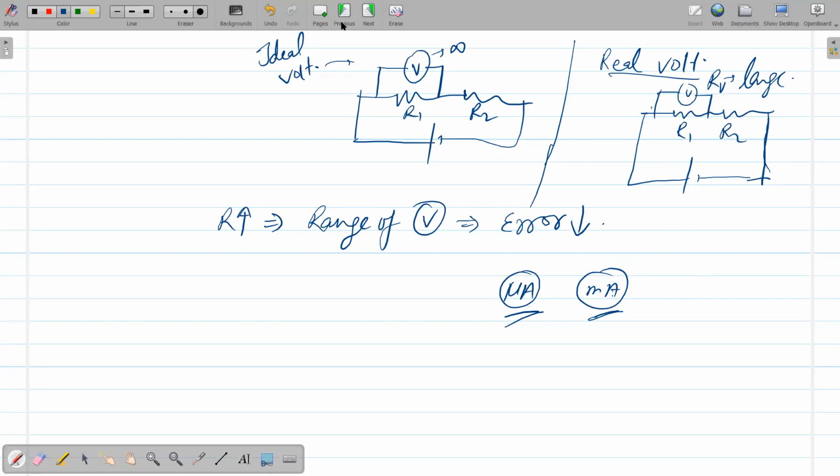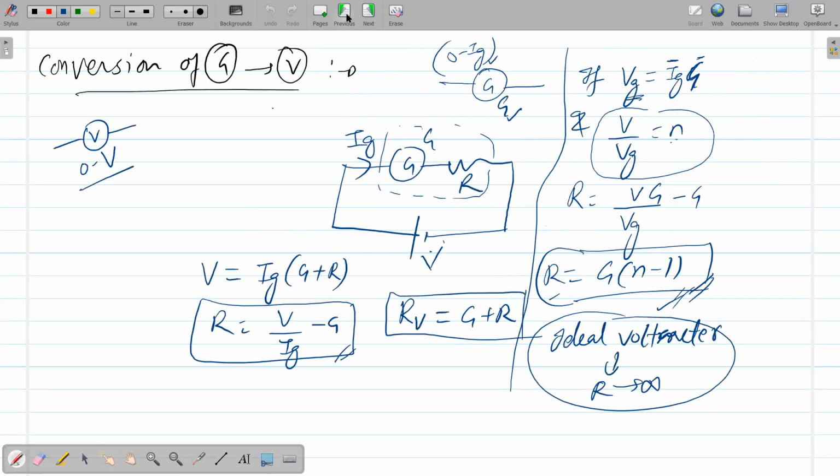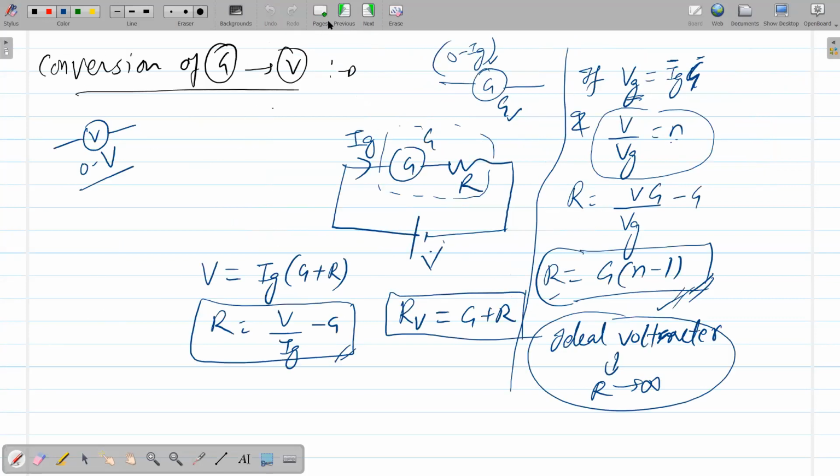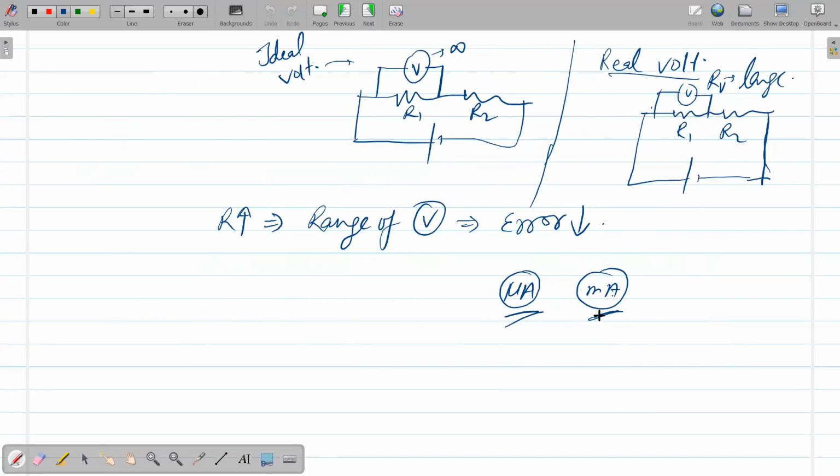Okay, so now let's check the point which I told you in ammeter: lesser is the resistance, greater is the range. Now tell me which has higher range, microammeter or milliammeter?